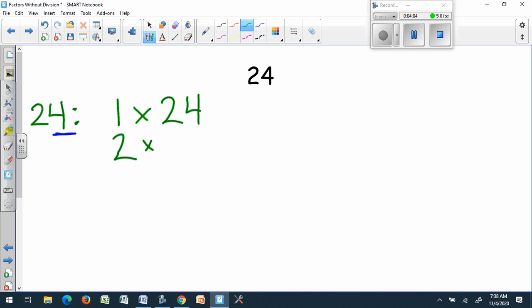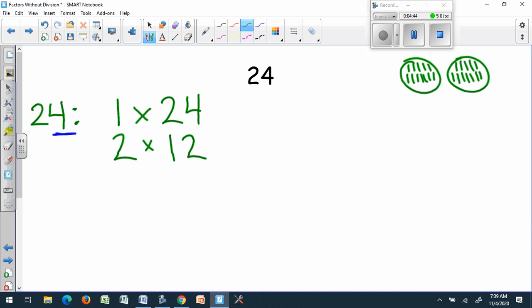Now, hopefully you've been studying your 12 facts and you know that 24 is a multiple of 12 because 12 times 2 is 24. If I didn't know that, let's say 24 is too big of a number, but I know that it can be divided into 2 equal groups, then I might do 2 equal groups, and I might start counting, 3, 4, 5, and so on up to 24.